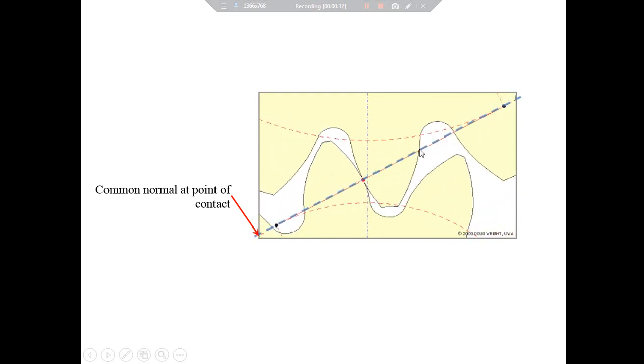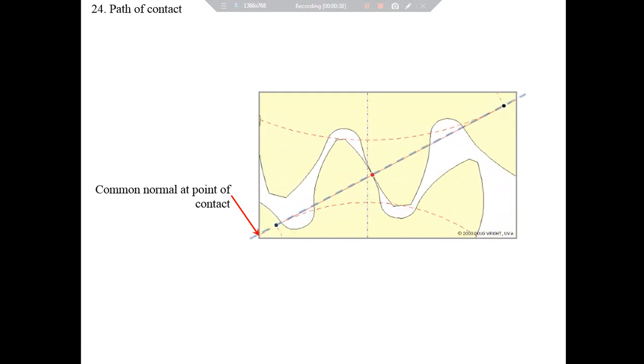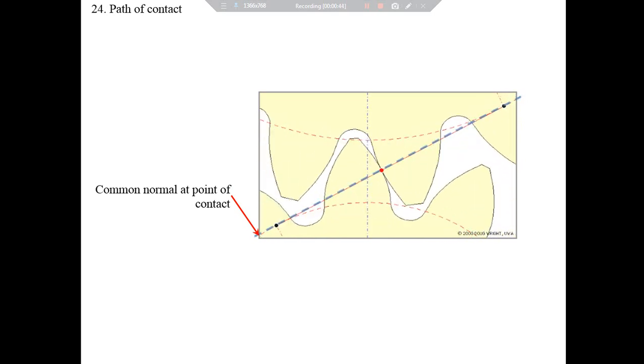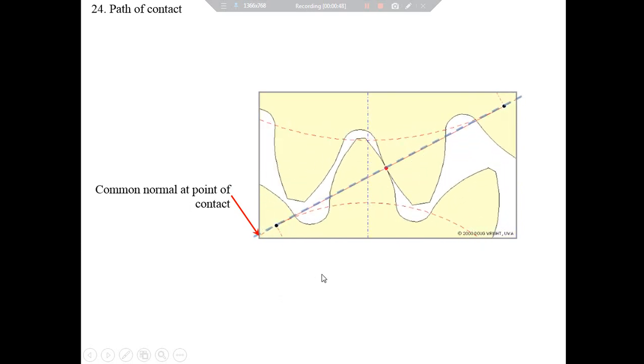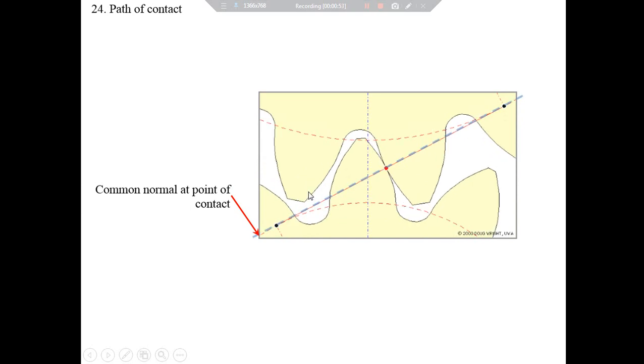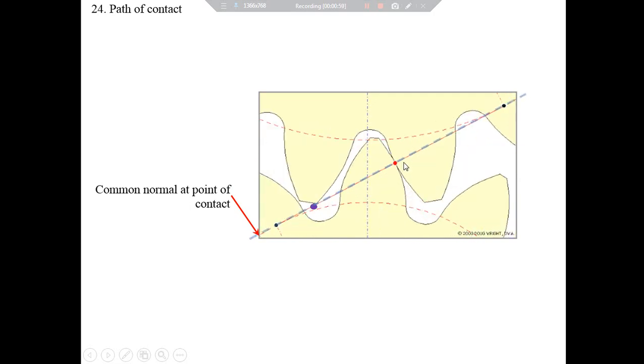Let's define path of contact. Definition number 24, for which we will have to identify beginning of engagement between the gear tooth and end of the engagement. Look at this animation closely and you will find that the beginning of engagement takes place at this point and the end of engagement takes place at this point.